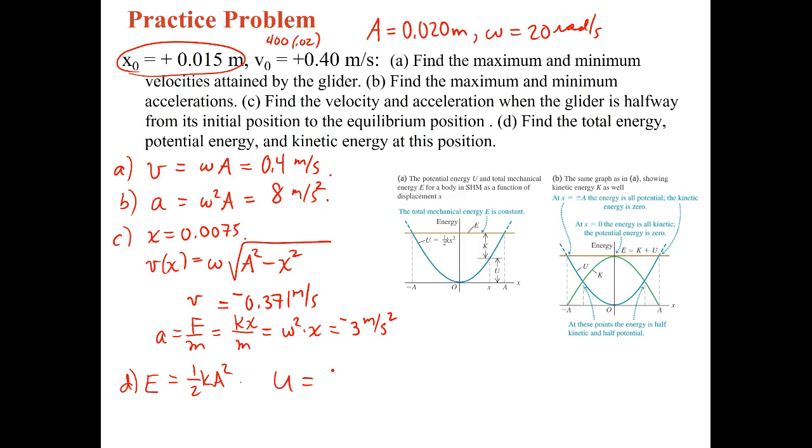The potential will be 1/2 k x squared, using this x right here. And the kinetic will be the total energy minus potential, which will be equal to 1/2 m v squared at that point. Okay, so I'm not going to plug in all the numbers, but I just wanted to show you how to get that set up.